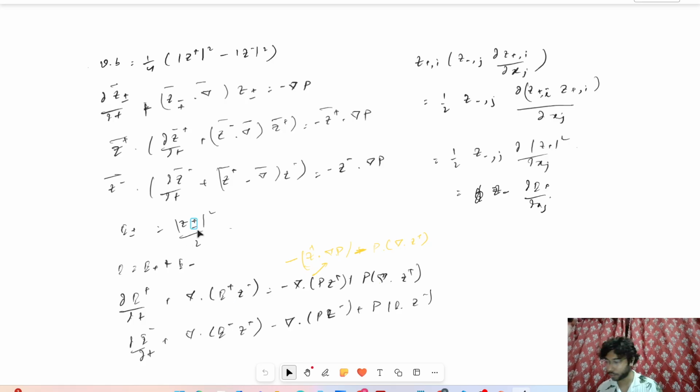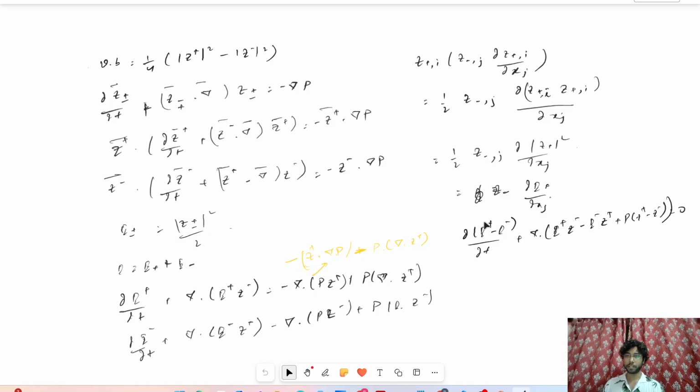So this turns out to be the equation. And now if we write del (E plus minus E minus) del t plus del dot (E plus Z minus minus E minus Z plus) equals to 0.